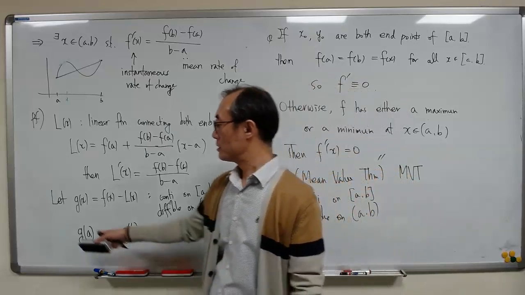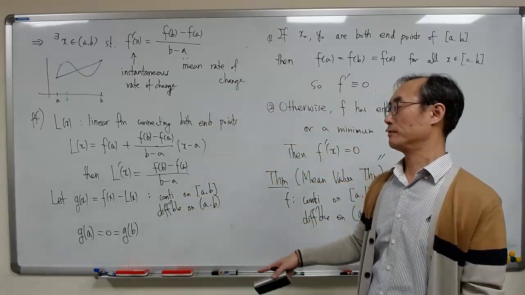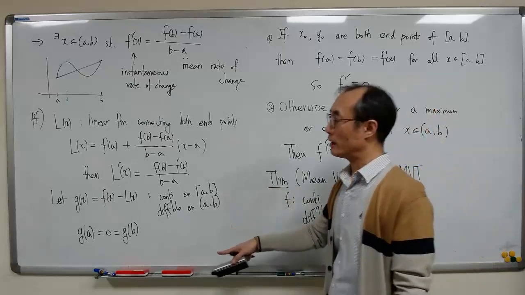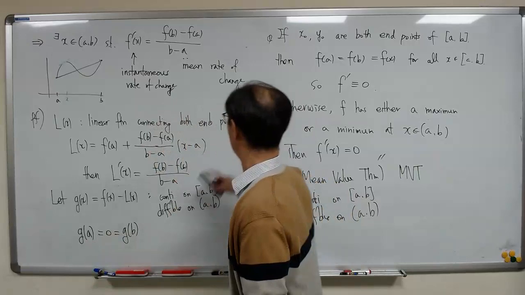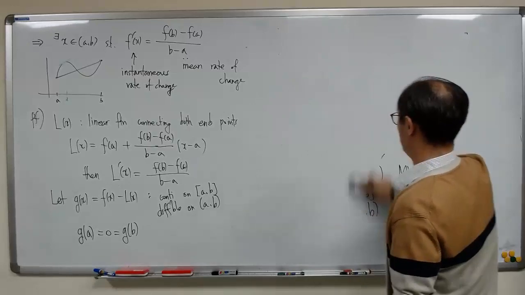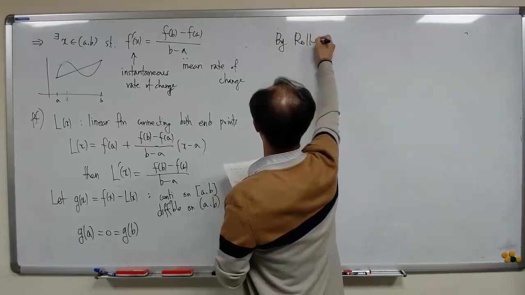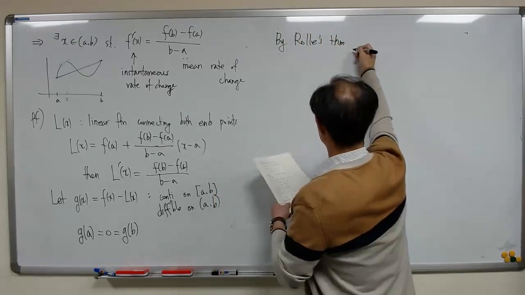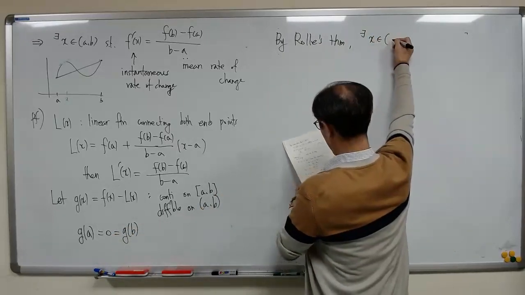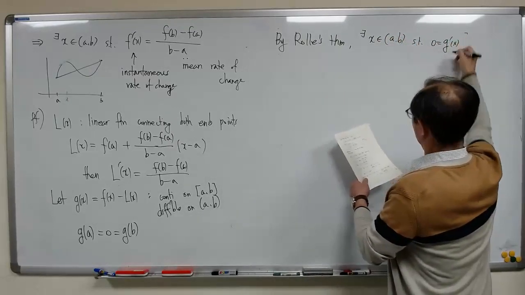Then this new function g satisfies all the conditions for Rolle's theorem. It is continuous on a closed interval and differentiable on an open interval, and the values at those two endpoints are the same. So you apply Rolle's theorem to the new function g, there exists x in an open interval such that g prime of x is 0.